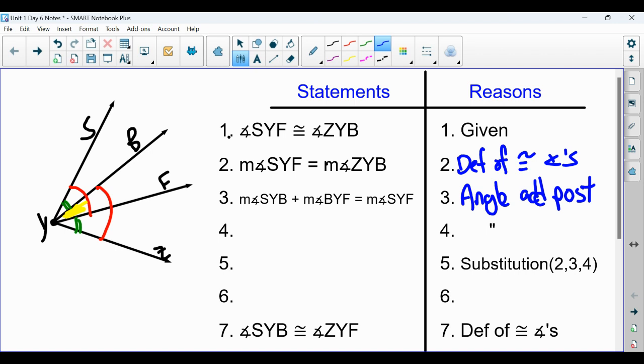Step 3 talked about the big angle SYF. So step 4 is going to talk about what SYF is congruent to, ZYB. So in step 4, we are going to say that the measure of BYF plus the measure of FYZ equals the measure of ZYB.